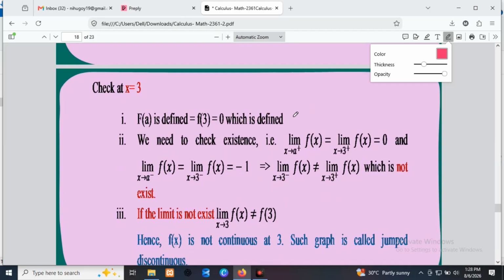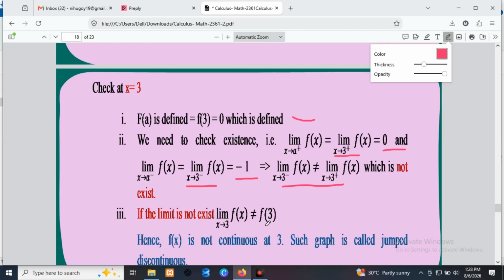The first one: it is defined, yes. f of 3 is 0, yes. We need to check the existence. Checking existence means finding the limit from the right and the limit from the left. From the left, as I have told you, it is 0. From the right, you have minus 1. Automatically, they have different values, so the limit does not exist.